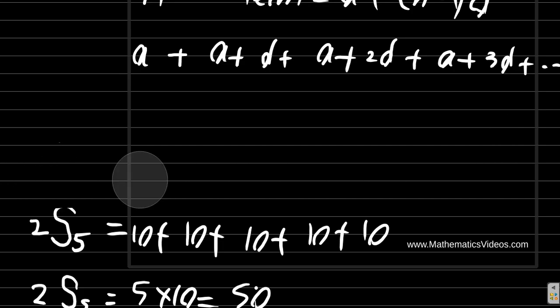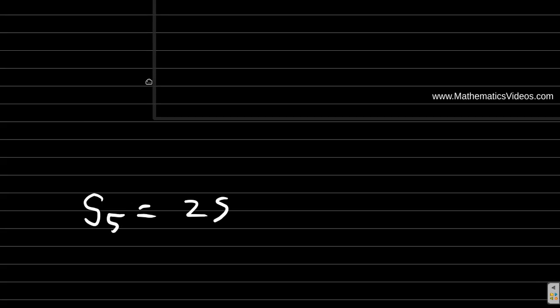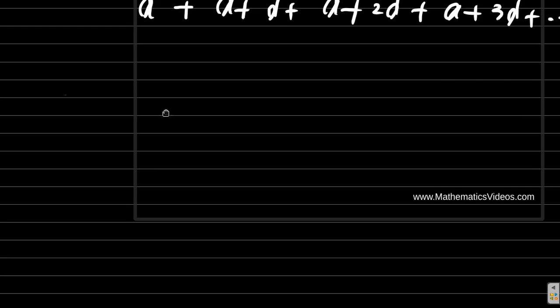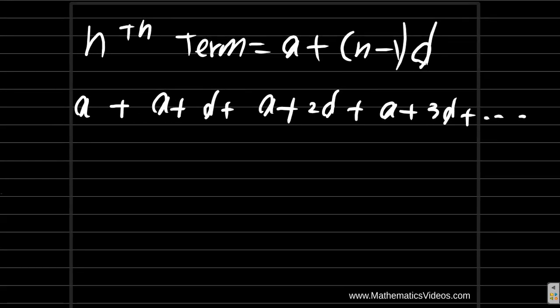Let's remove this. We're going to have a for the first term, d for the common difference, and see how it will work. So these are the terms of the arithmetic progression. Suppose we have the sum of the first n terms.